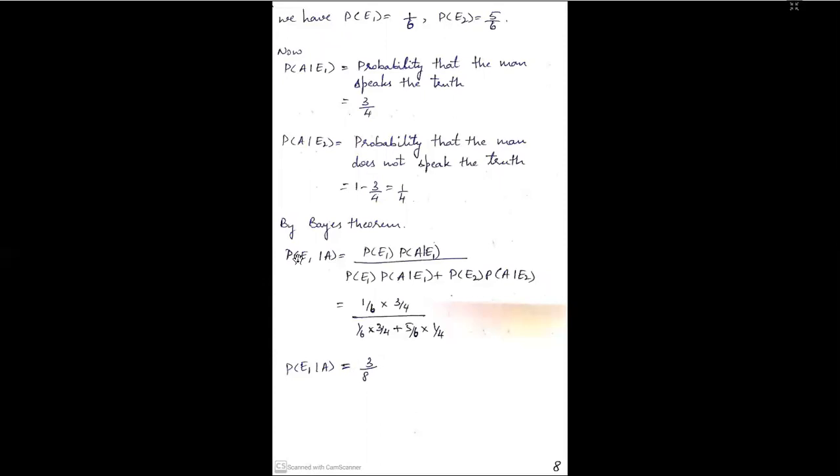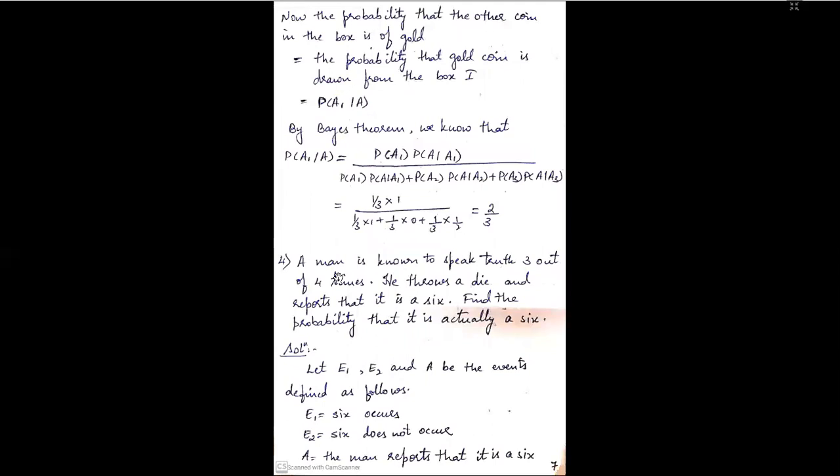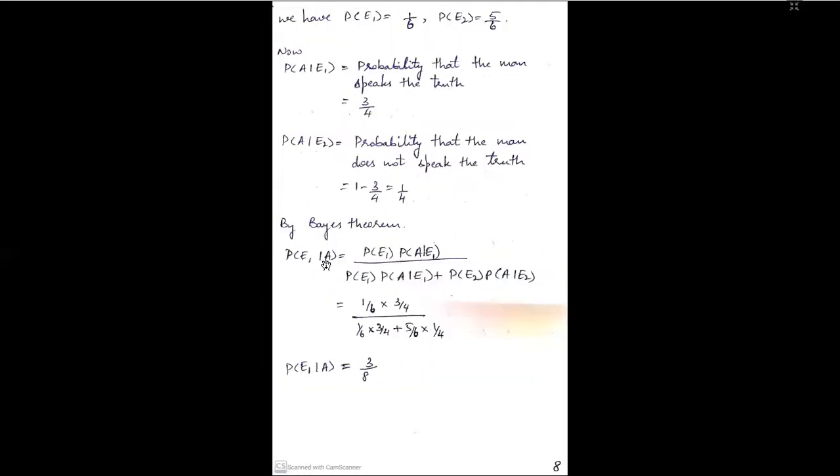So the probability of E1 given A is equal to the probability of E1 times the probability of A given E1, divided by the total probability. Using the definition and substituting these values, you will get the answer as 3 by 8.